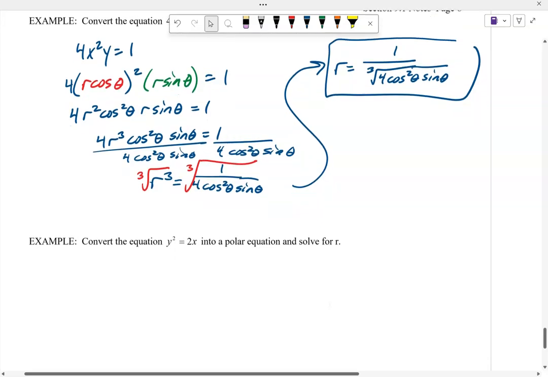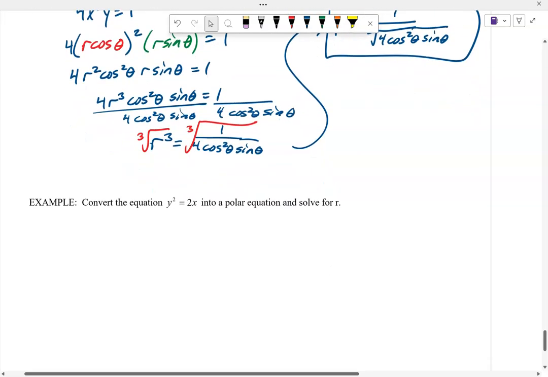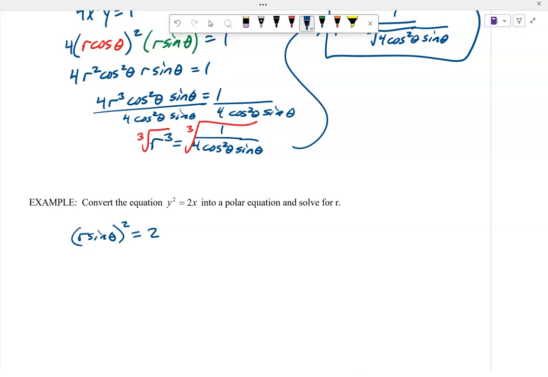All right, one more here. y squared equals 2x. Remember, y is r sine theta, so y is being squared. x is r cosine theta. So we got r squared sine squared equals 2r cosine theta, but let me subtract 2r cosine theta from both sides, so I have it equal to 0.